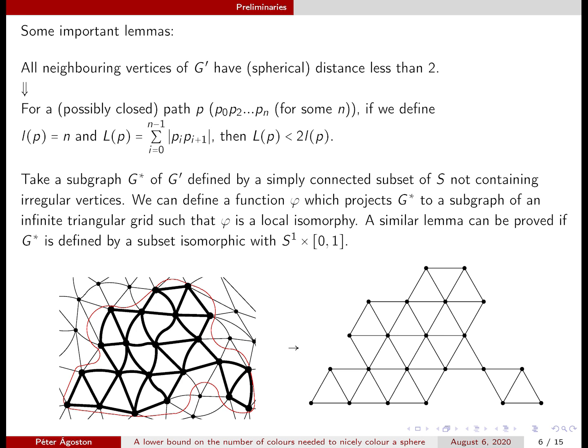It preserves vertex edge incidence, and 2. For any vertex and any 2 edges ending in it, the number of edges between them, counting in the positive direction, remains the same. A similar lemma can be proved if the subset is homomorphic to S1 times the closed unit interval, but then all vertices and edges will go into possibly infinite sets of vertices and edges respectively.